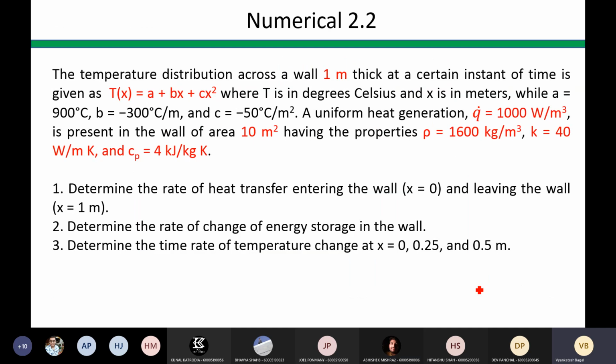The temperature distribution across a wall 1 meter thick at a certain instant of time is given. Temperature is a function of x; you should read it as temperature is a function of x, not t multiplied by x. So T = a + bx + cx², where T is the temperature in degrees Celsius, and the distance x is given in meters.